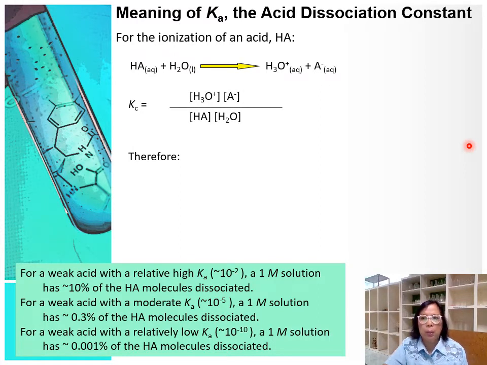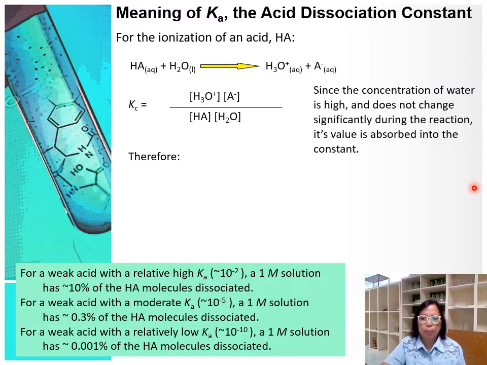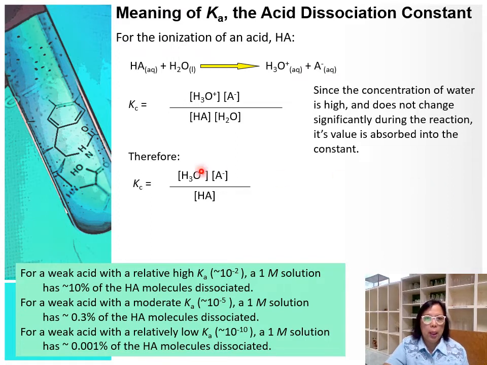So by formula, you have there the illustration. So you have the HA of a certain substance added with water. And whether it is high or moderate or low, it will depend also on the value of the Ka.